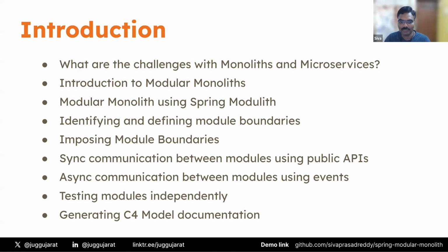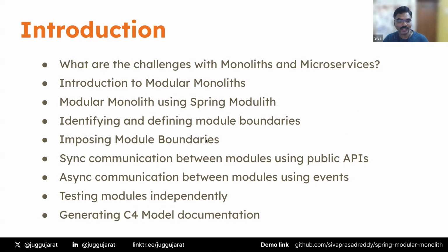While building Spring Modulith based applications, how do you identify modules and ensure that they are following good practices? How do you communicate from one module to another? And how do you test each module in an independent way? Finally, we are going to learn how we can generate documentation automatically using Spring Modulith. So this is the overall agenda for today.